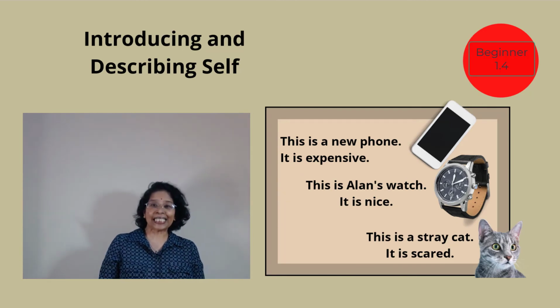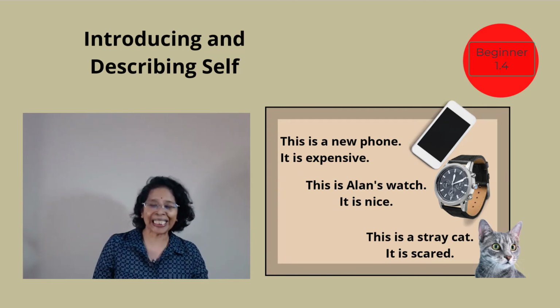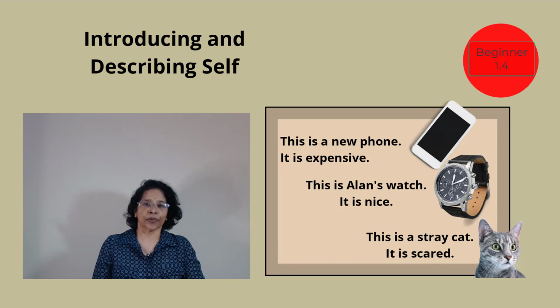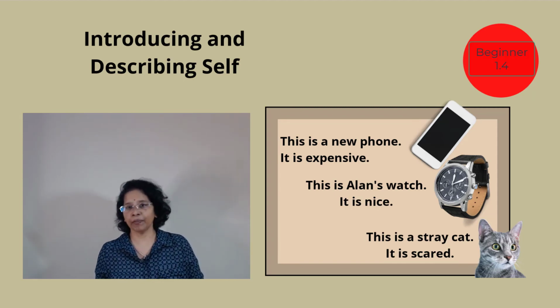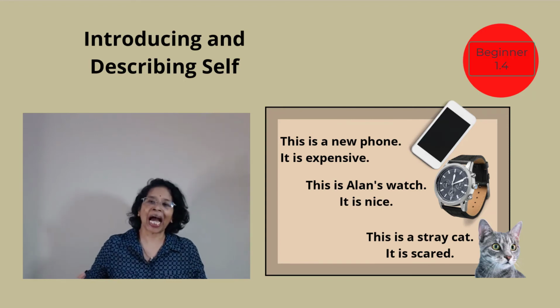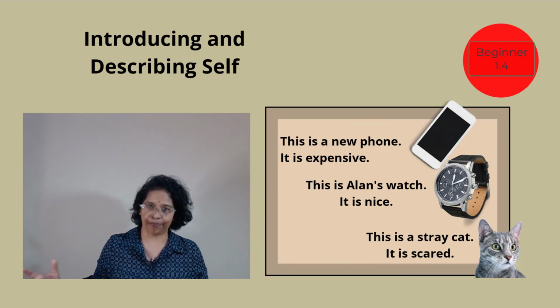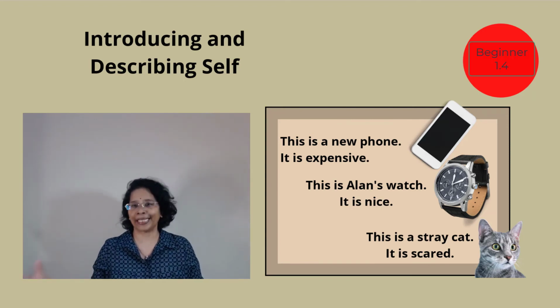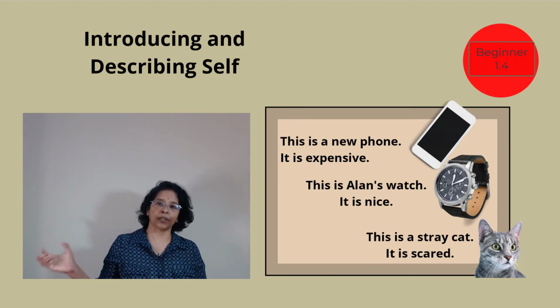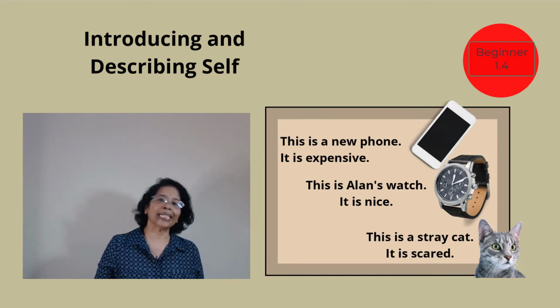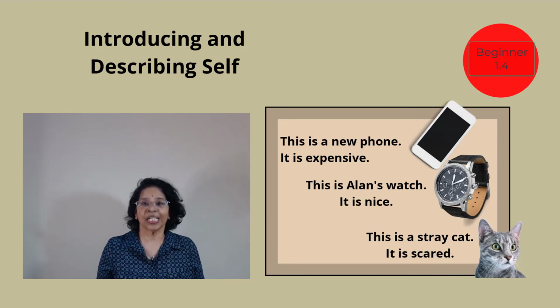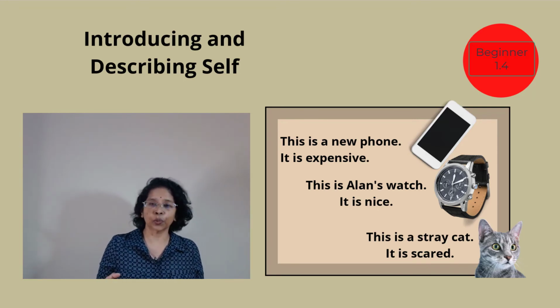This is a new phone. It is expensive. So remember, we use it for things and for animals that don't have a specific name, or when we don't know its gender. This is Ellen's watch.